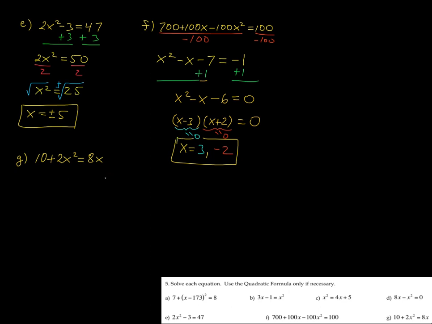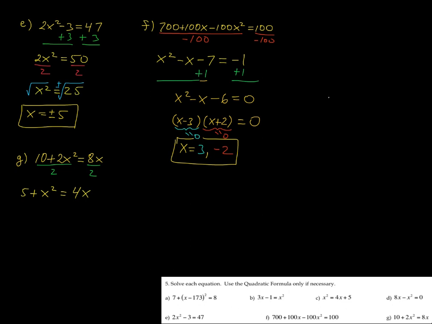Nice. And then lastly, g, 10 plus 2x squared is 8x. All right. Here I see that everything has a factor of 2 in it. So I'm going to start out by dividing both sides by 2. And so that's going to give us 5 plus x squared, and that's equal to 4x.